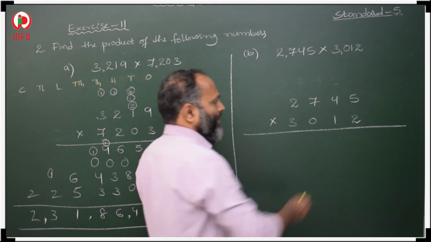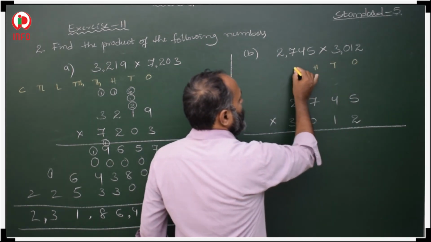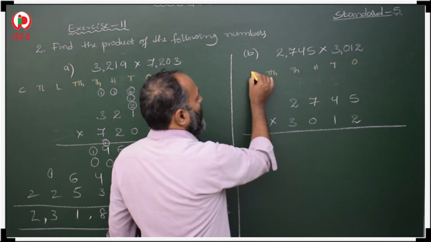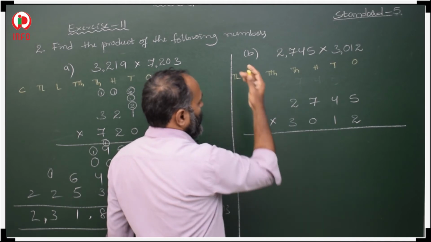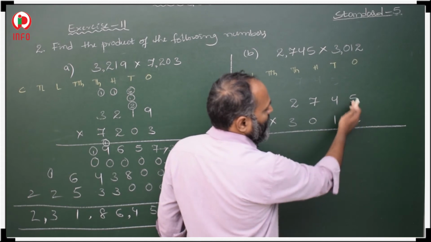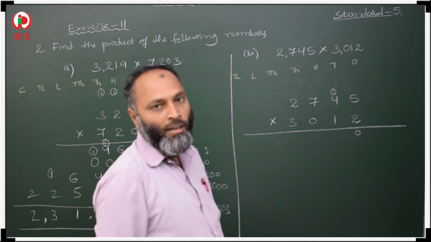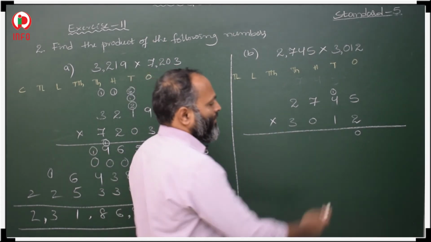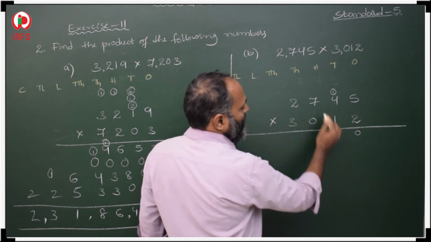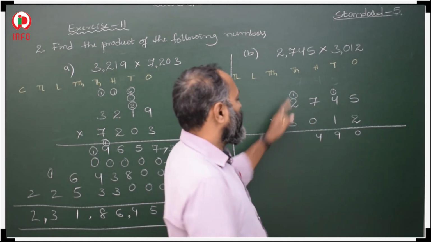First you write the place values: ones, tens, hundreds, thousands, then after that 10,000 will come, lakh, 10 lakh, crore will also come. Then first start with 2. 2 5s are 10, 0 in ones and 1 carry over to tens place. 2 4s are 8, 8 plus 1, 9. 2 7s are 14, 4 in hundreds and 1 in thousands. 2 2s are 4, 4 plus 1, 5.